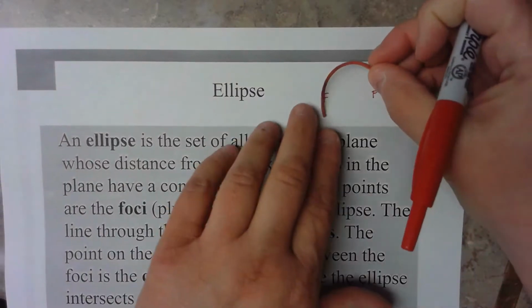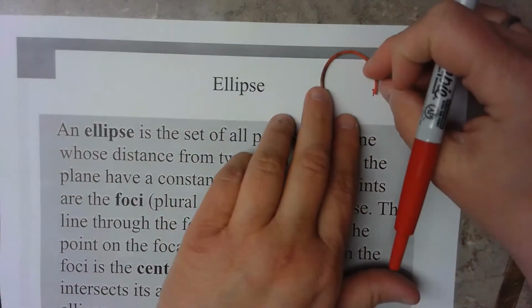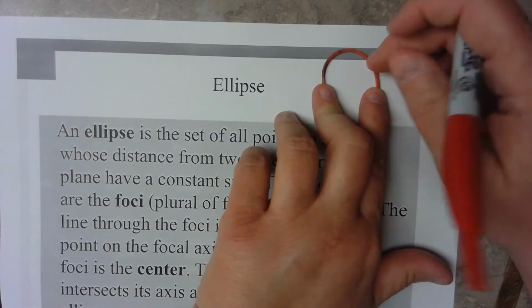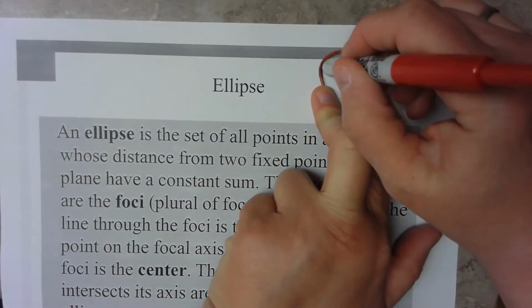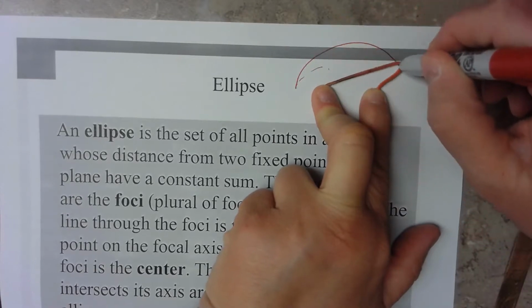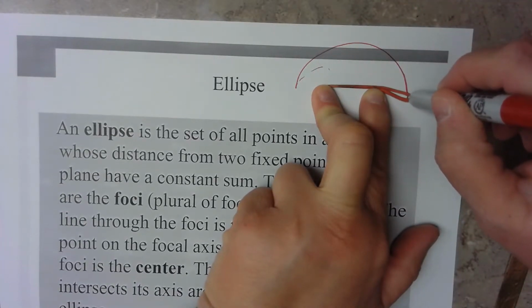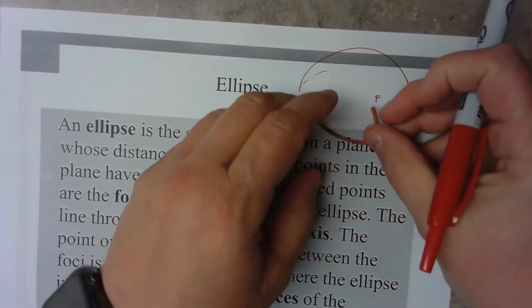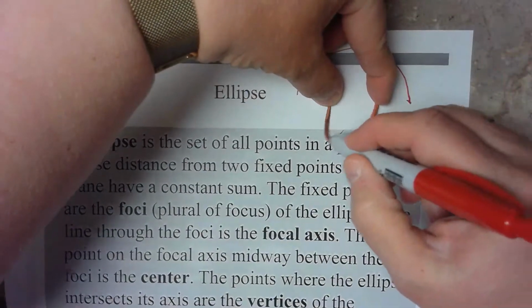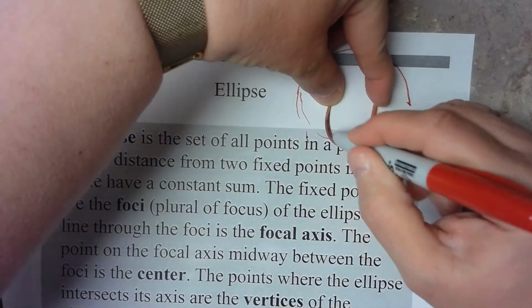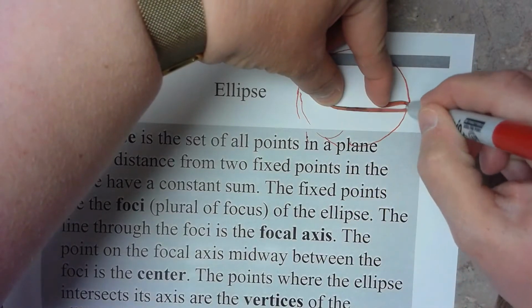So here's a piece of rubber band. What this is saying is, here are my 2 fingers on the foci. I'm going to take my pen and draw, well, that's one way. Then if I moved it down here, whoops, well, you get the idea. I'm butchering this.